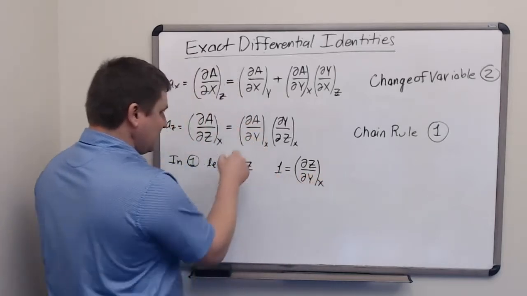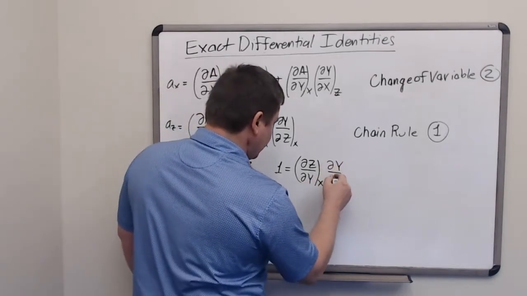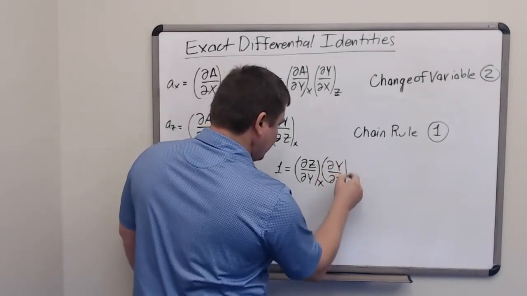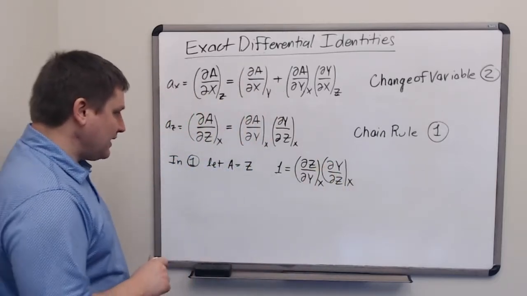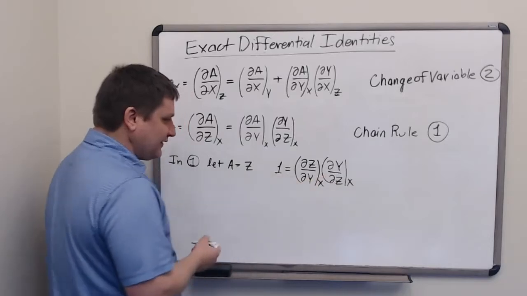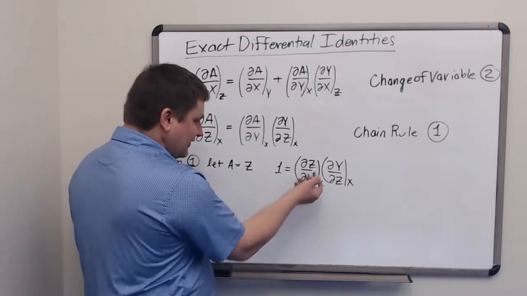In the first term here, I just replace a and z. The second term doesn't change at all. All right, so that tells me that the product of these two derivatives is equal to 1. And we notice what these are is they're just the inverses of each other.